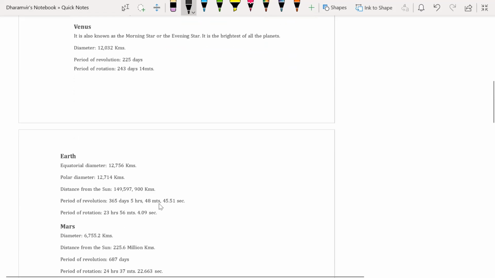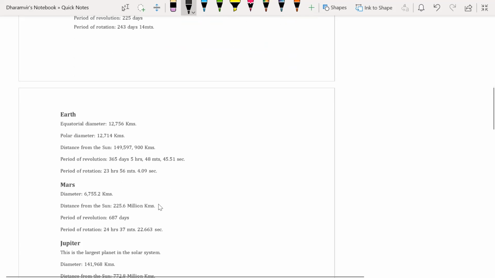Then is the Earth. Equatorial diameter is 12,756 kilometers. Polar diameter is 12,714 kilometers. Distance from the sun is 149,597,900 kilometers.